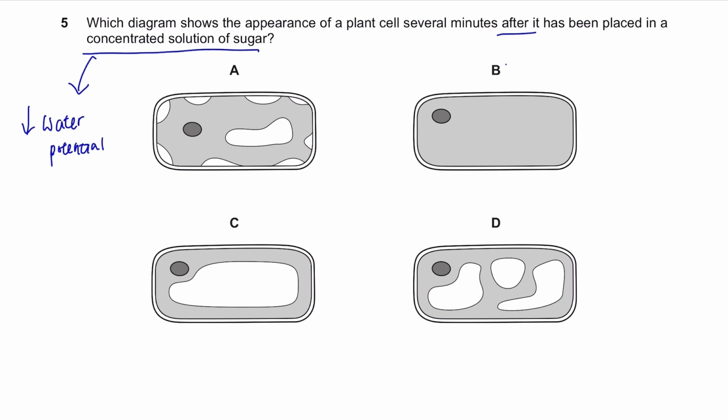It won't be B or C because it looks normal and it doesn't look like any water has escaped from it. Then we have A and D, but again, D, it's just the vacuoles that are somehow divided in three parts, and the cell membrane is still stuck with the cell wall, so nope. So it's A, where we can see that the cell membrane is shifted away from the cell wall.